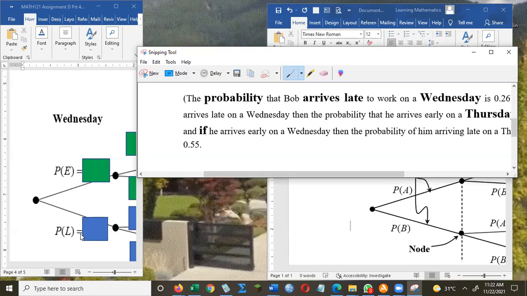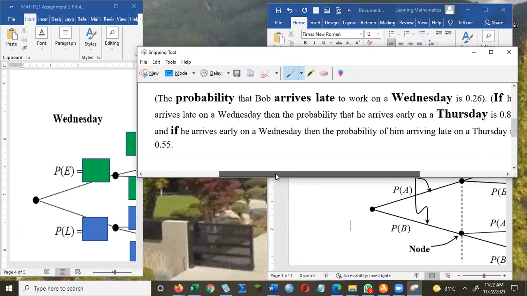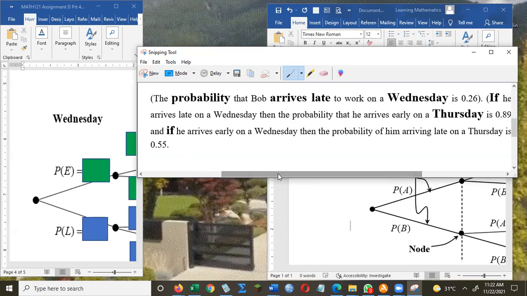So that is why maths is important. Always take your maths class very seriously, because it will make you a rounded analyst, a rounded person that can make decisions using numbers and also words, policymakers and so forth. So you see what happened in it? The probability that Bob arrives to work late on a Wednesday is 0.26.